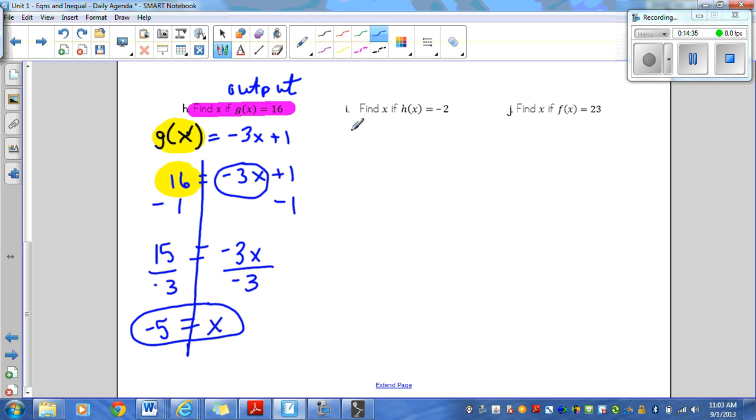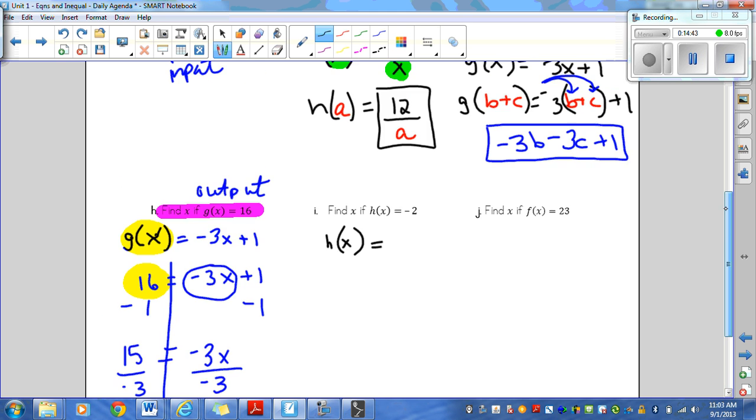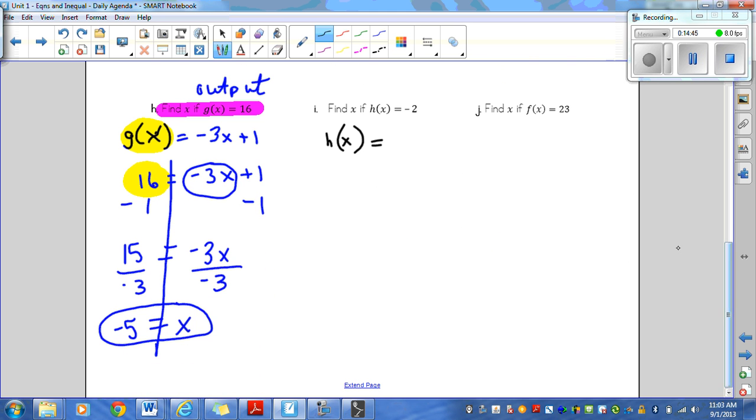We're going to try it again over here. Your original problem was 12 over x. And now I'm telling you that the answer is negative 2. H of x is negative 2.